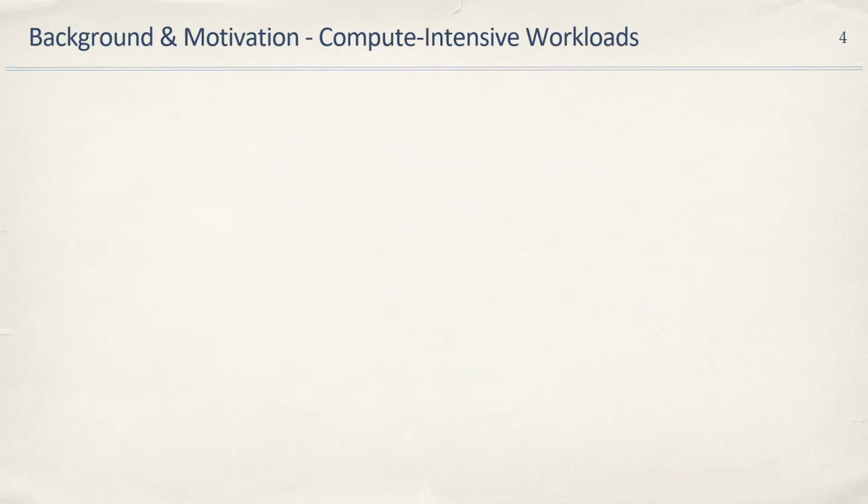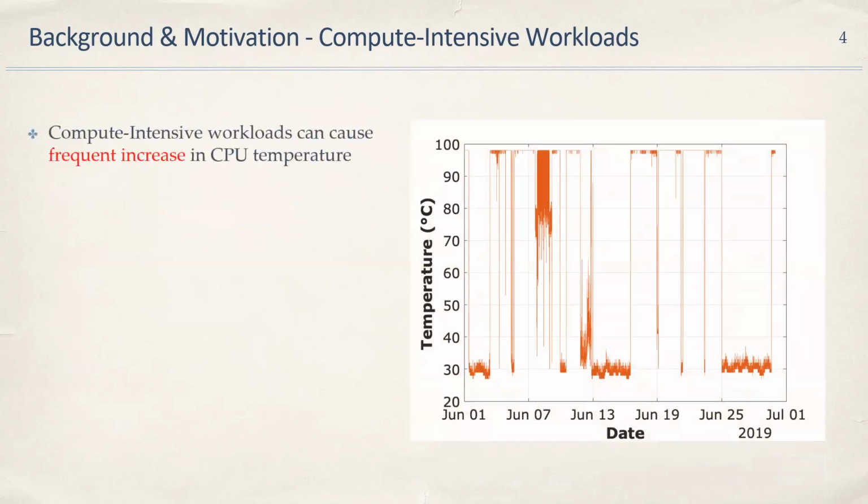Our study is motivated by two real-world thermal incidents, and also one general incident. The first one is about the impact of compute-intensive workloads on the CPU. This graph shows the thermal behavior of a CPU in a node in the Texas Tech High Performance Computing Center.